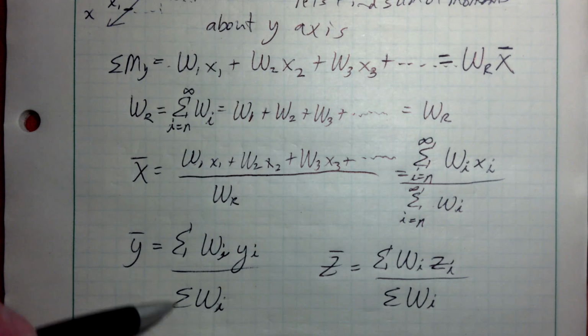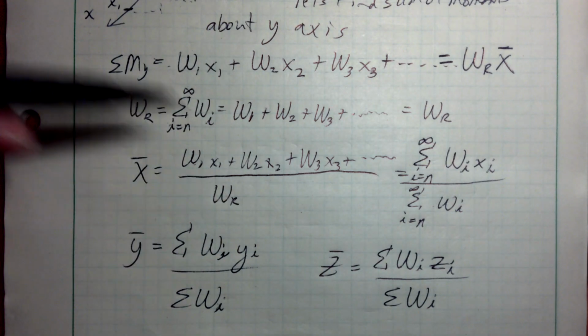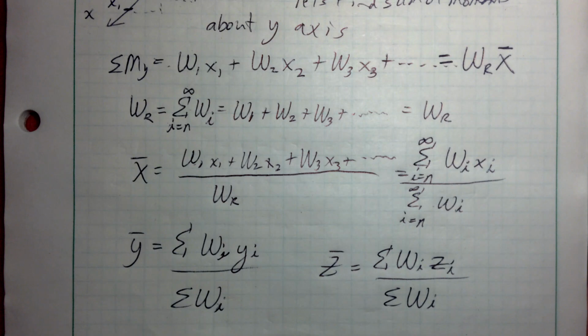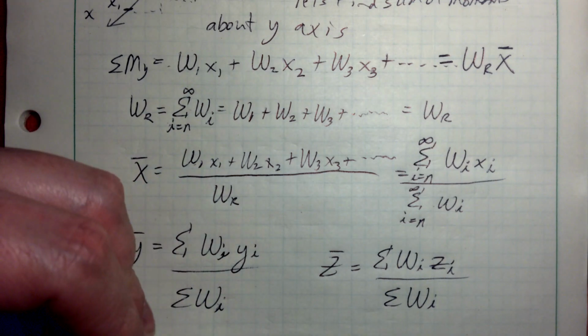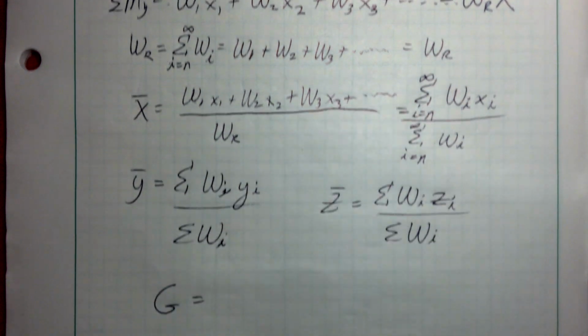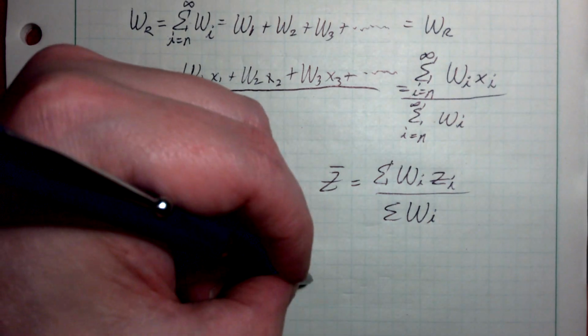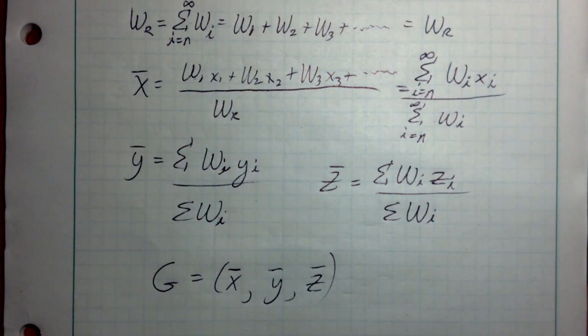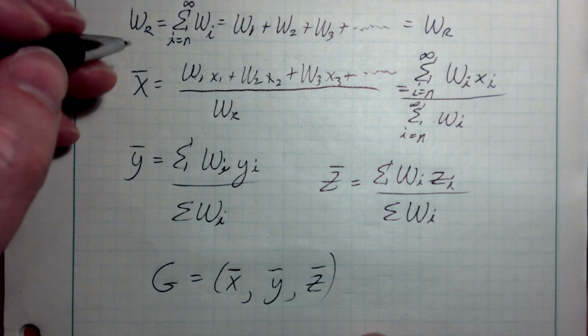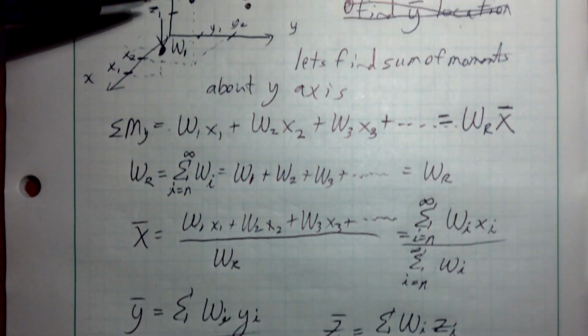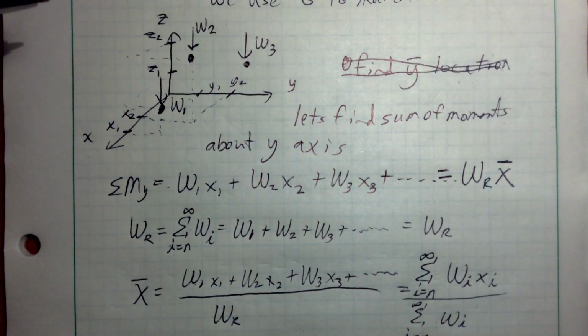Or again, the sum of individual weights is just the resultant weight. Okay, so that's kind of cool. The center of gravity, capital G, would be located at x bar, y bar, z bar. So this would be the center of gravity for a system of individual weights.